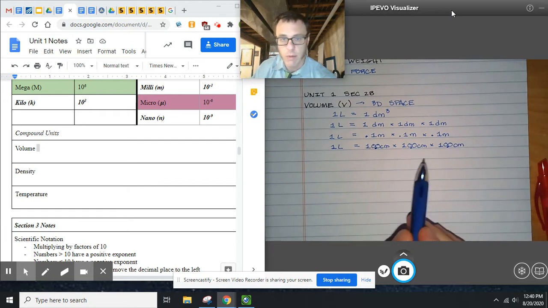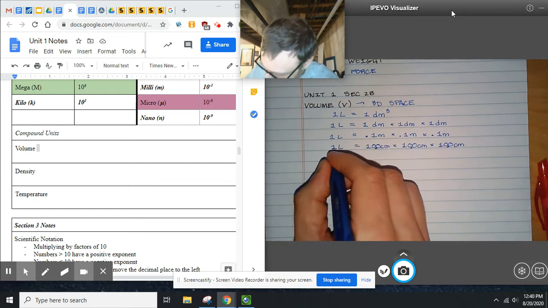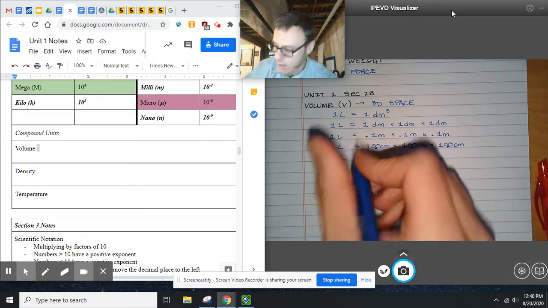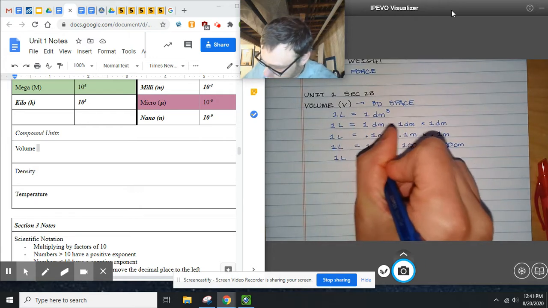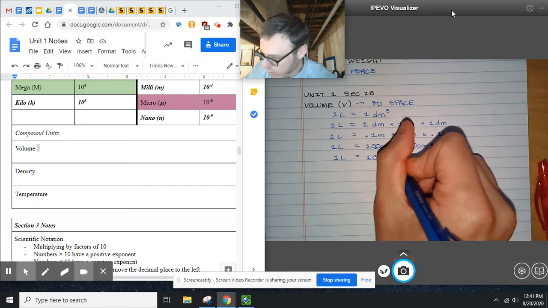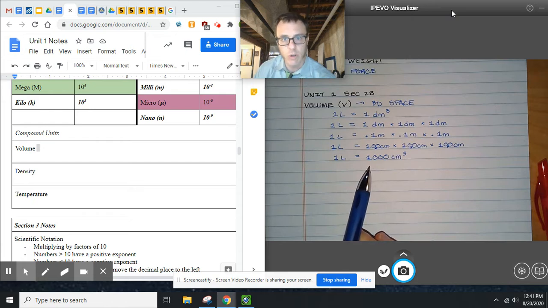So you see my mistake there. Glad I caught myself, or else this would have been a disaster. So 1 liter equals 10 times 10 times 10. So that is 1,000. A centimeter times a centimeter times a centimeter is centimeter cubed. So 1 liter equals 1,000 centimeters cubed.